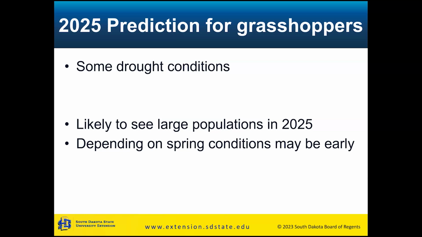Depending on the spring conditions, these populations may show up early, which could be an issue for our spring wheat planting, depending on when that can get out in the field. Now, I know ideally that will be occurring before the grasshoppers really get active, but then emergence might be occurring around the same time the grasshoppers are starting to show up.